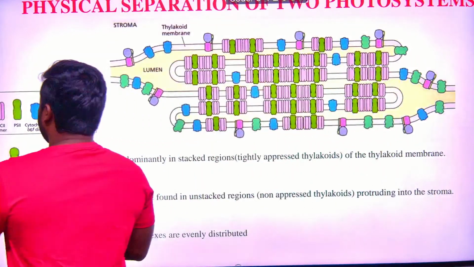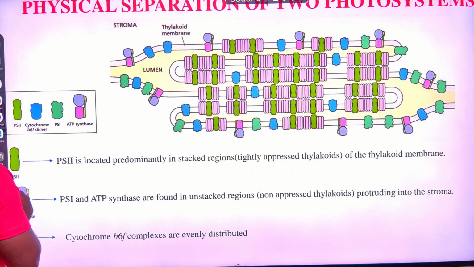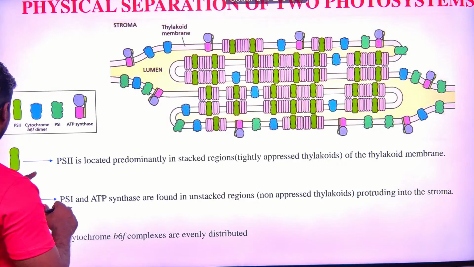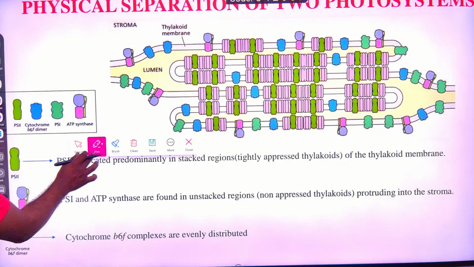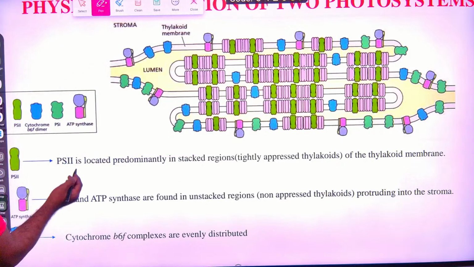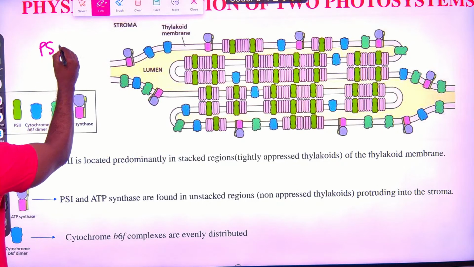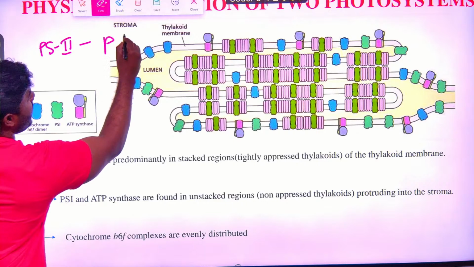All right, everyone focus. What is this exactly, the physical separation of the two photosystems? Have you ever thought why electrons are not flowing directly between PS2 and PS1?